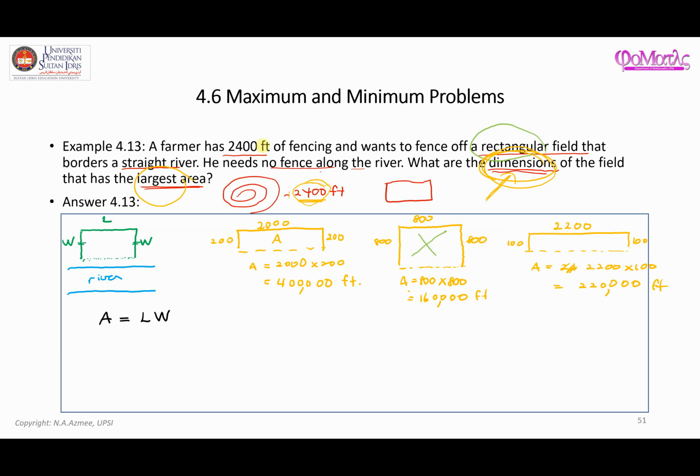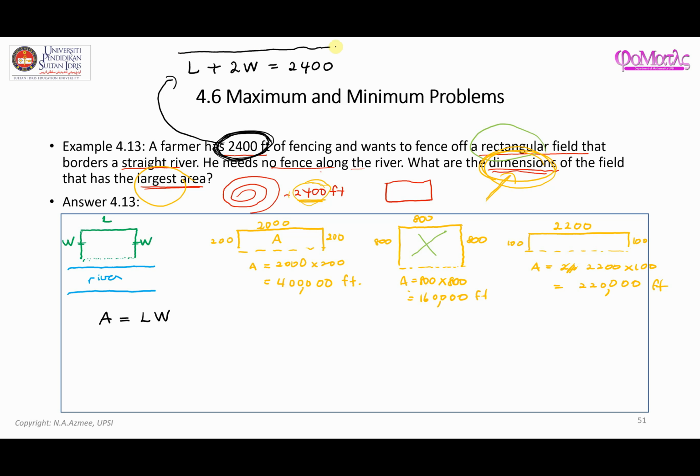We also have another piece of information related to the 2400 feet of fencing, where I can create a mathematical equation that says L plus W plus W, so L plus 2W should be equal to 2400.